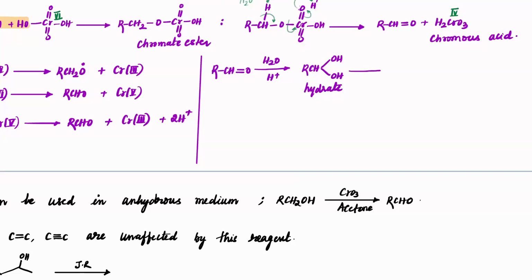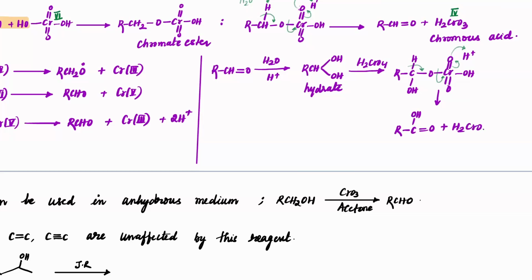And hydrate is the one which will again react with H2CrO4, again forming an ester, RCH, and we have OH here, this O forming a bond with chromium here, double bond O, and double bond O, OH, H plus is present, same type of mechanism here. From here, this bond will be pushed, chromium will go this way. And as that happens, you will get this as RCOOH plus this would become again H2CrO3.